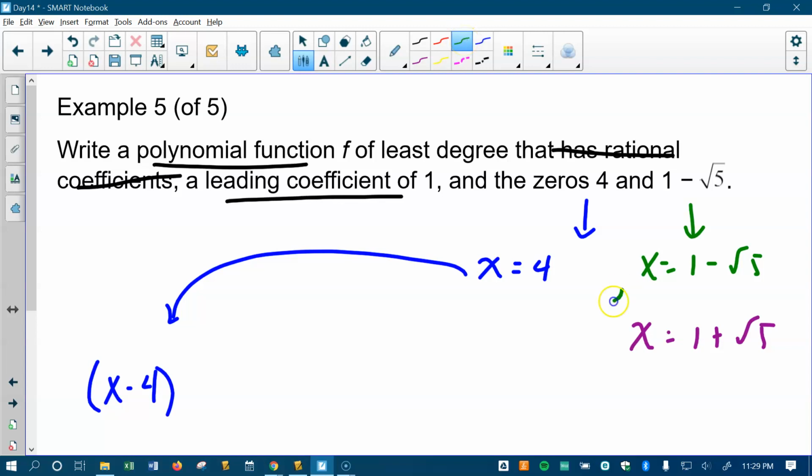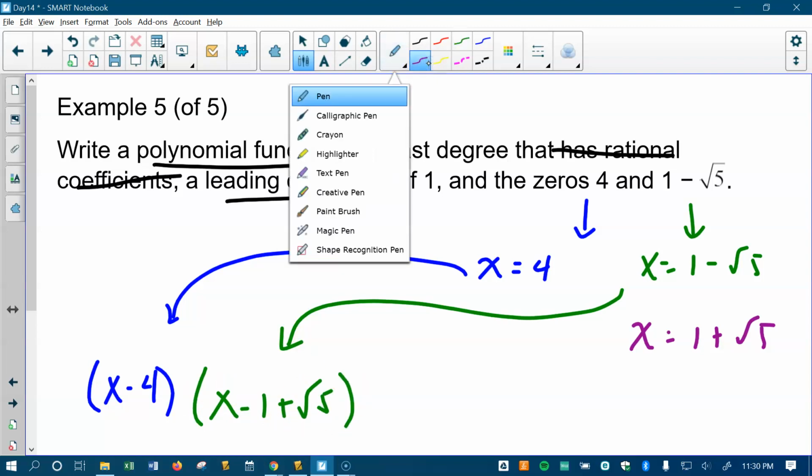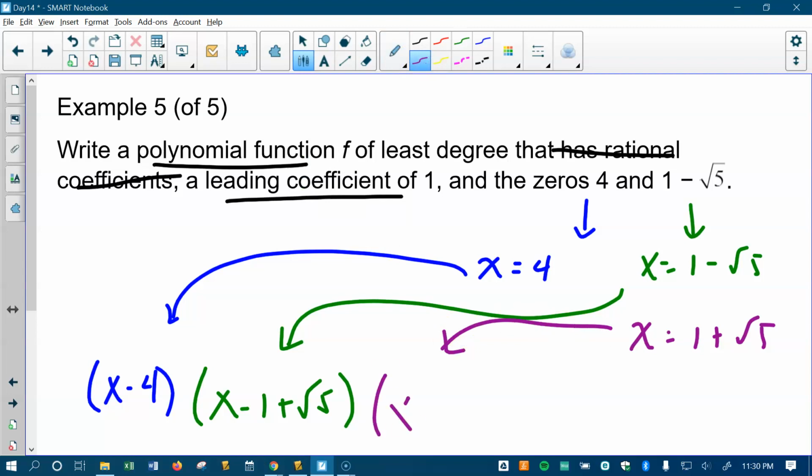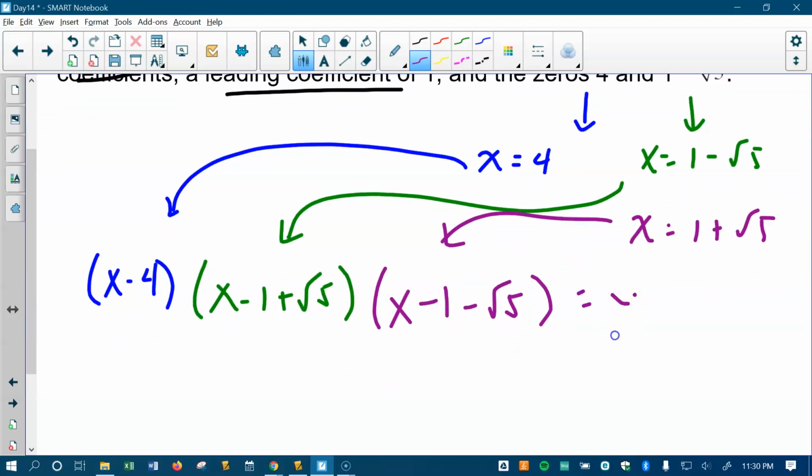In green, this part in factored form is x minus 1 plus root 5, just changing all the signs again. And in purple, that factor is x minus 1 minus root 5. That's the conjugate. And this is equal to y, and I'm going to multiply this all together.